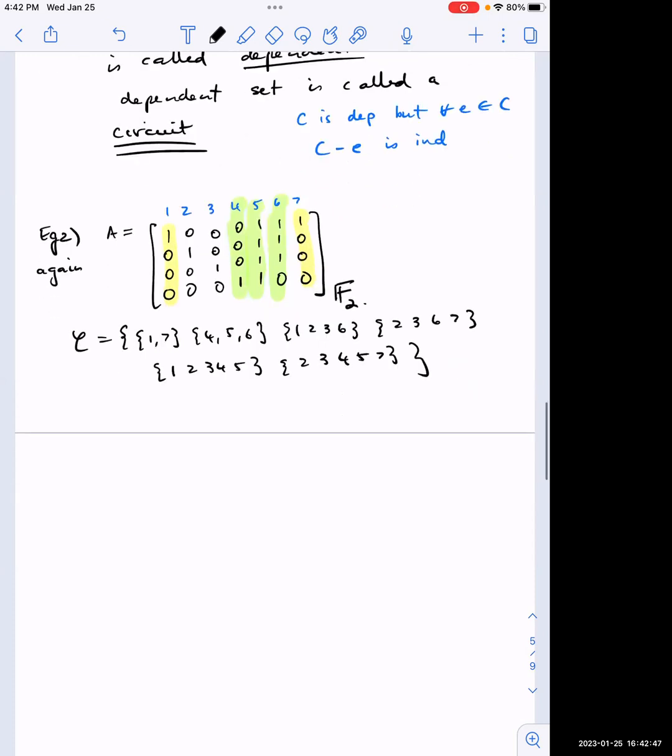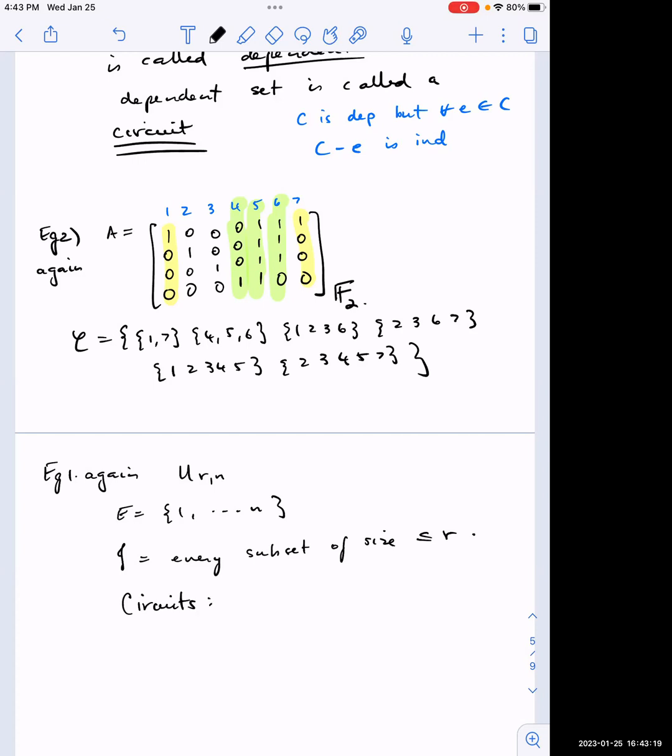So let's look at example 1 again. Example 1 was U_{R,N}, right? The uniform matroids. So E was 1 to N, and I was every subset of size less than or equal to R. So what would be circuits? Minimal dependent.